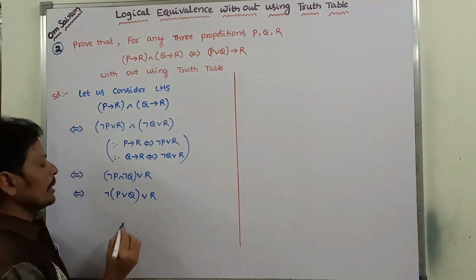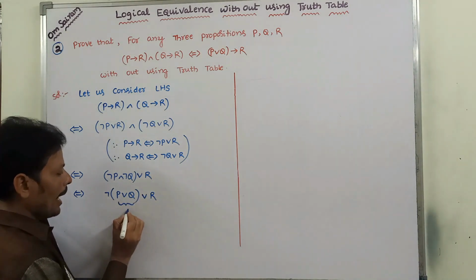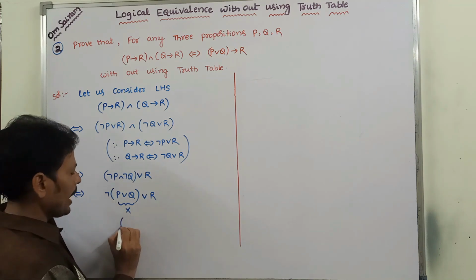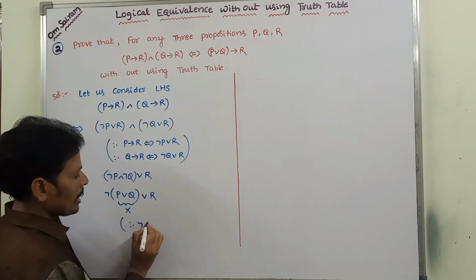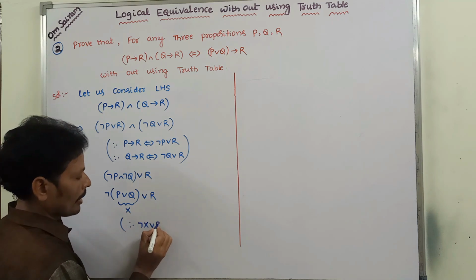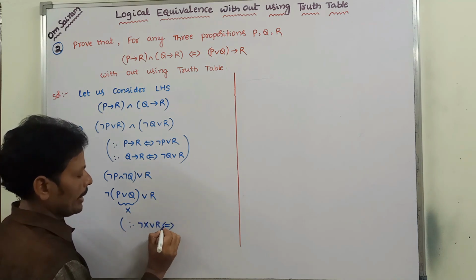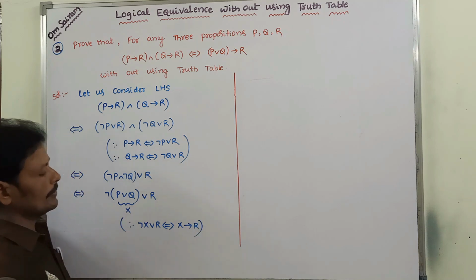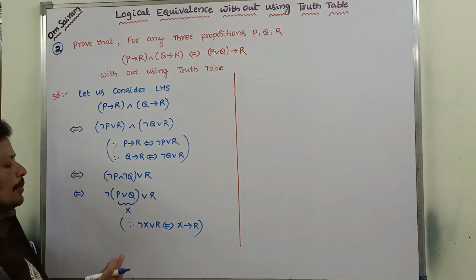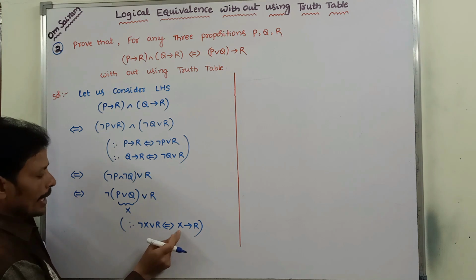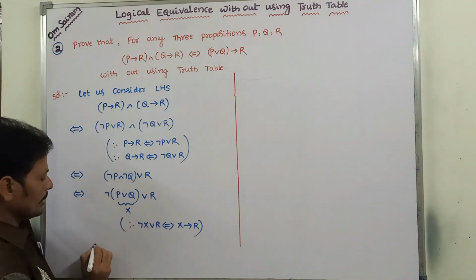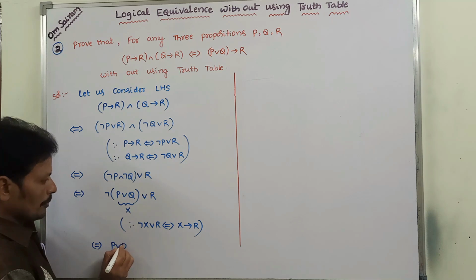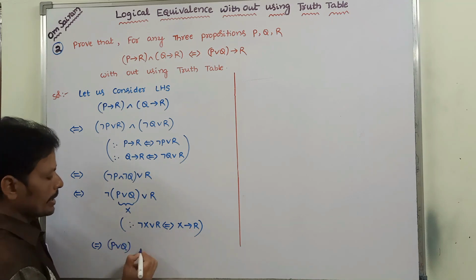This can be taken as X. We already know that negation X or R is logically equivalent to X conditional R. So in the place of X, what is there here? P or Q, conditional.